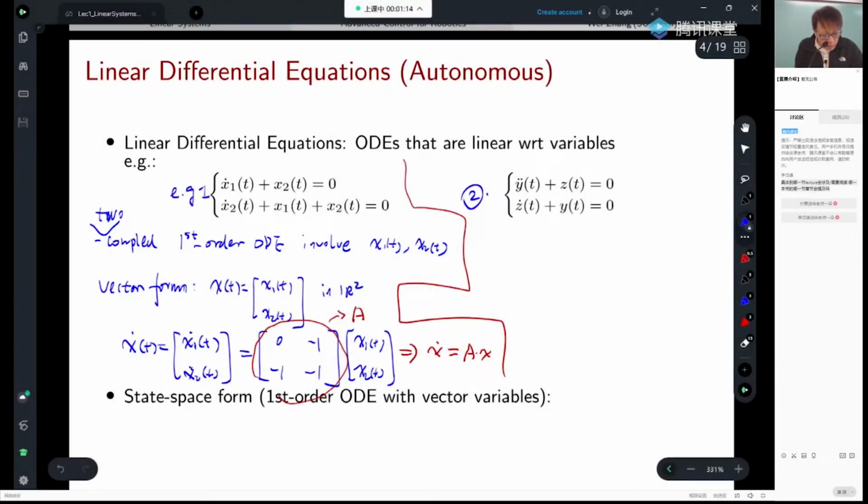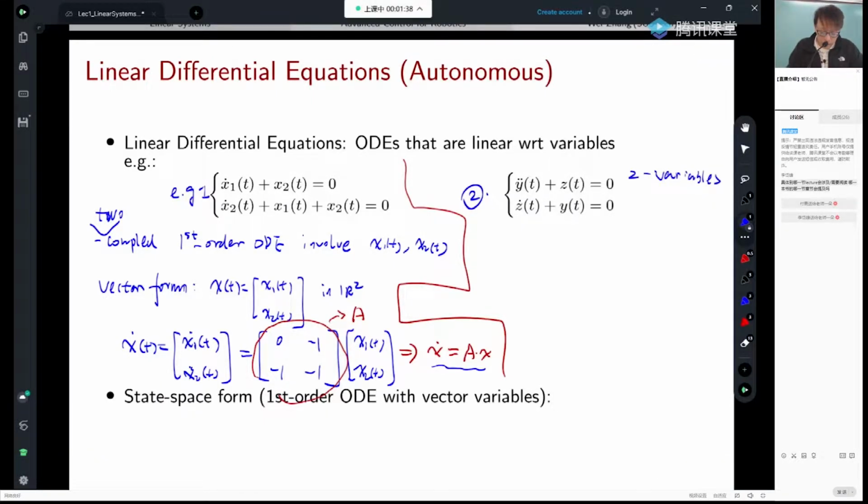Now you have seen a standard differential equation from undergraduate class written in this vector form. Sometimes your equation may involve higher order derivatives. For example, these two coupled equations involve two variables: you need to solve for y and for z.